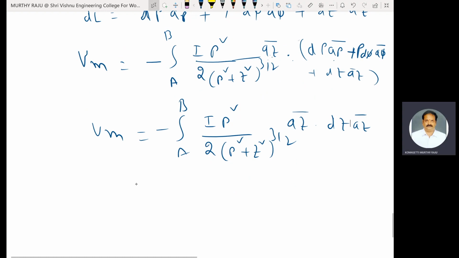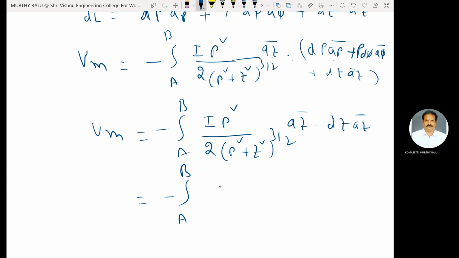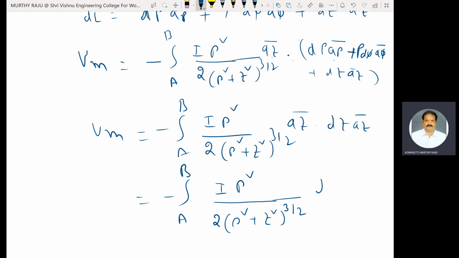Therefore, Vm is equal to minus integral of I rho square by 2 (rho square plus z square) to the power 3 by 2 dz.